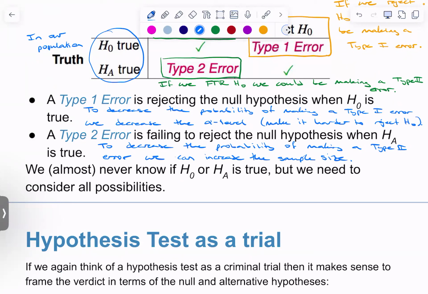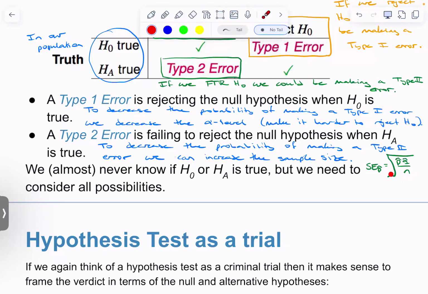What does increasing the sample size do? This is more of a side note, but the standard error of p hat, for example, is, let's say, the square root of p hat q hat over n. If I increase my sample size, then I'm dividing by a bigger number, right? And so then this overall thing in the square root becomes smaller.